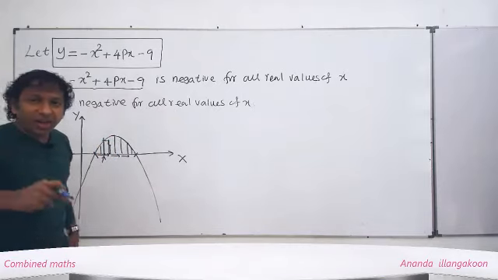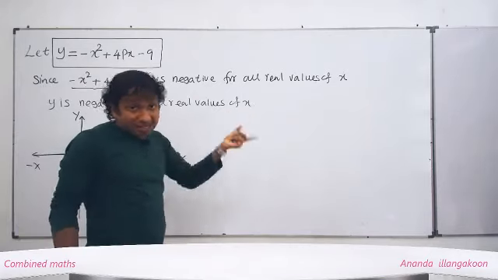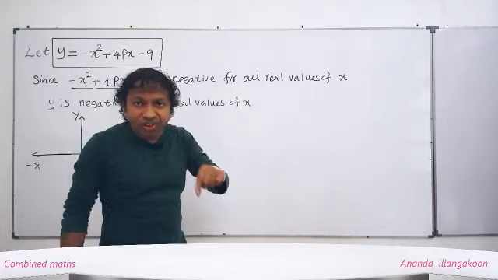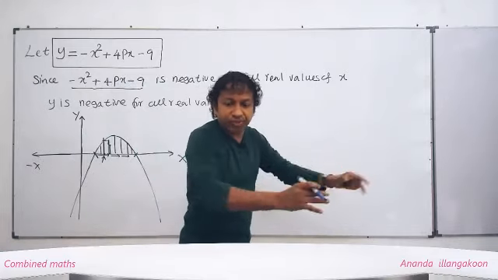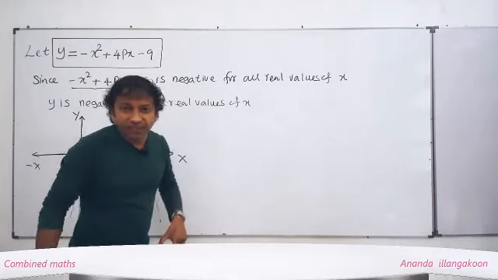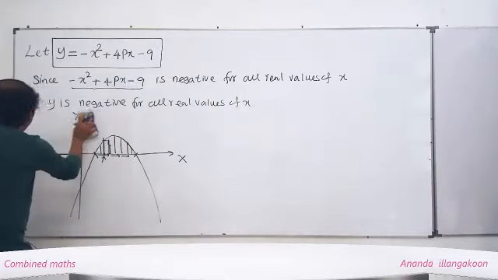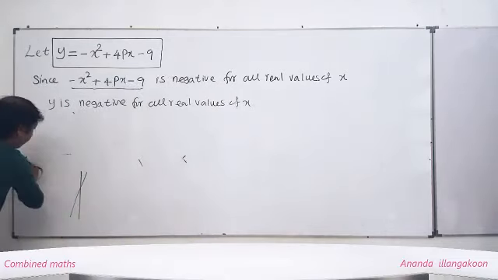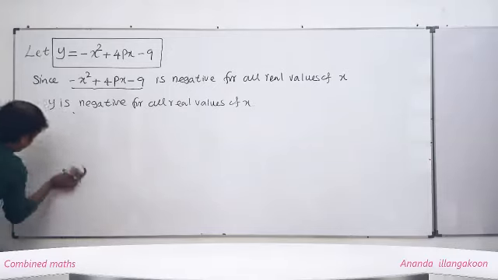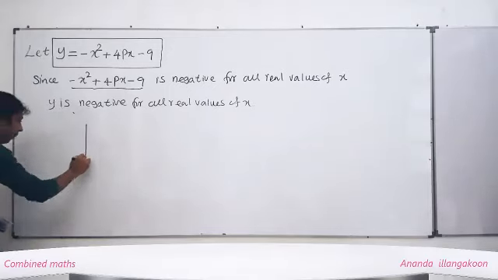So then, people, how do we draw this maximum graph to satisfy y negative for all real values of x? People, the graph should be like this, no? The graph should be like this.